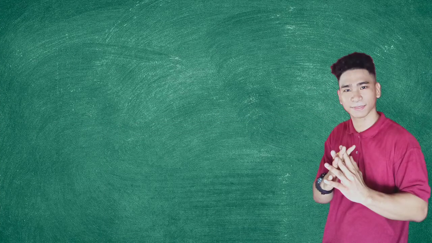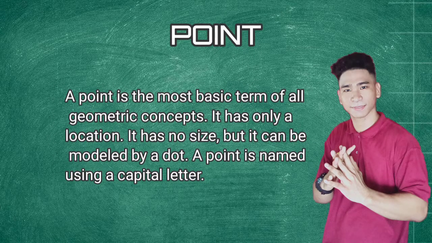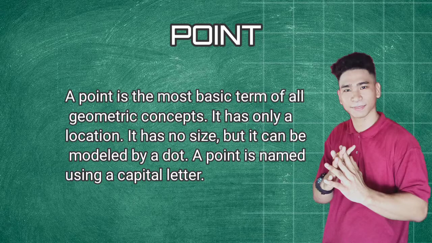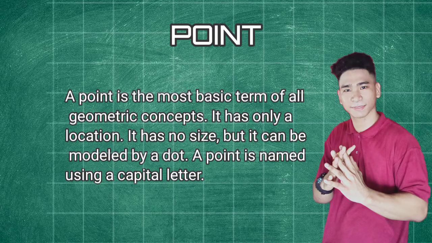So, let's start with a point in geometry. When we say point in geometry, according to definition, a point is the most basic term of all geometric concepts. It has only a location. It has no size. Take note of that. But it can be modeled by a dot. A point is named using a capital letter.